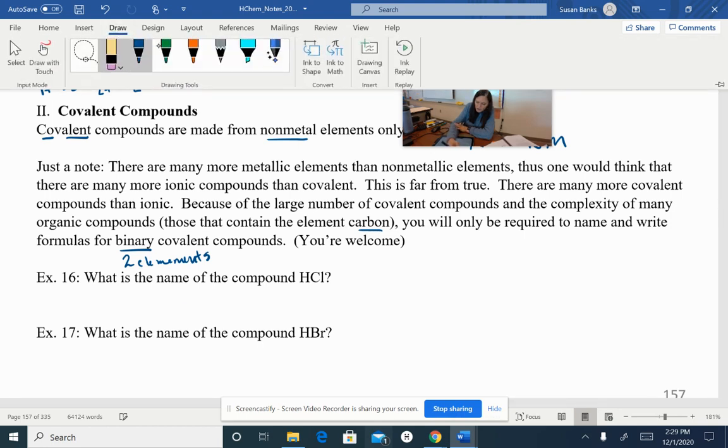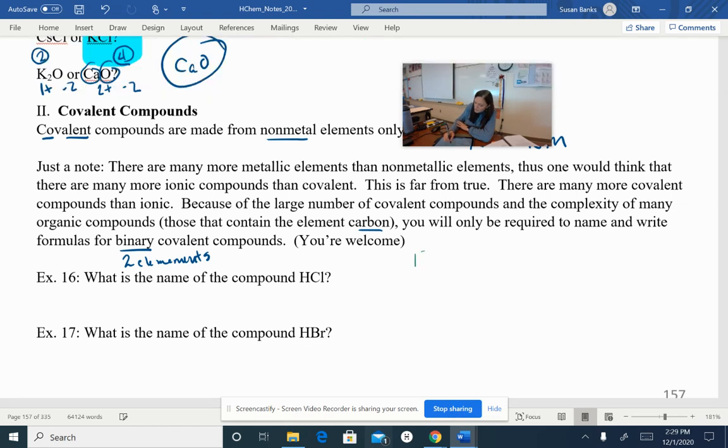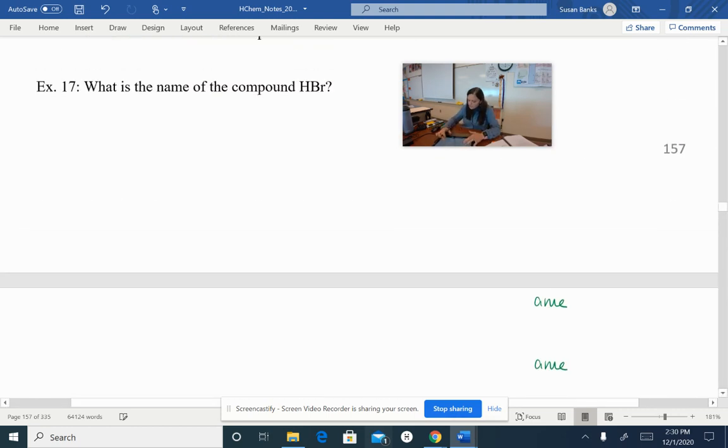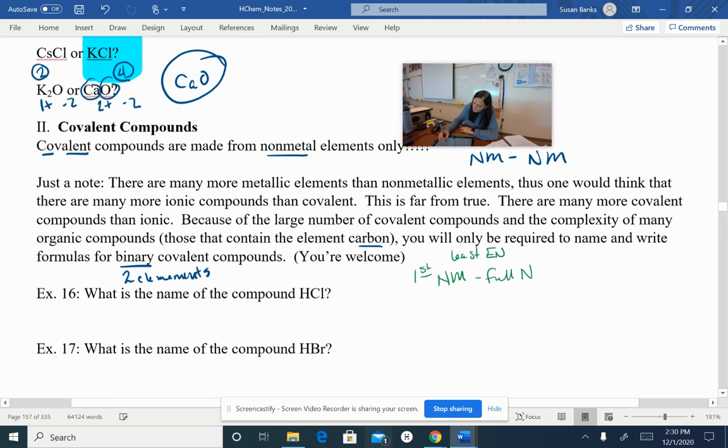So the structure of naming covalent compounds, we take the first nonmetal, and that's usually the least electronegative element, and we use its full name. And then we take the second nonmetal, and we take the root, and we add "ide."